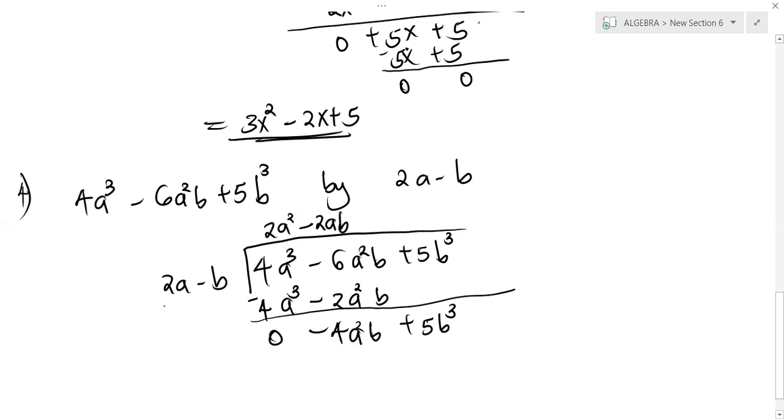Using this to multiply this term here, we'll have minus 4a squared b. Using it to multiply the second term there, minus minus will give us plus, so that will be plus 2ab squared.